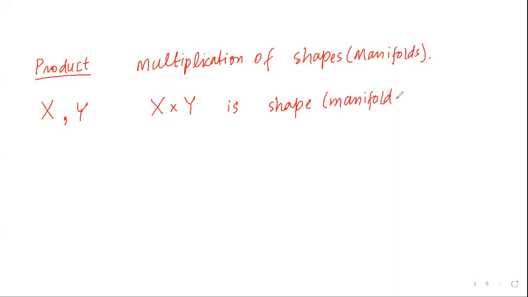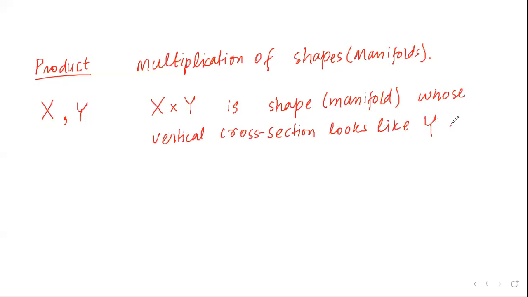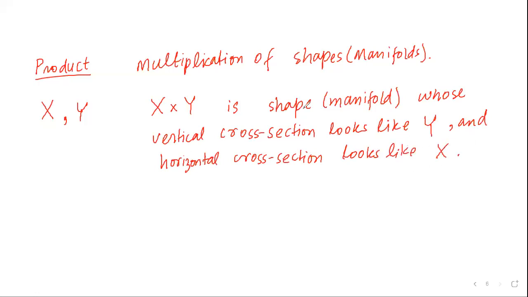Okay, so this x cross y is a shape or a manifold. When you take the product of two shapes or two manifolds, you will get a manifold whose vertical cross sections look like y and horizontal cross sections look like x.